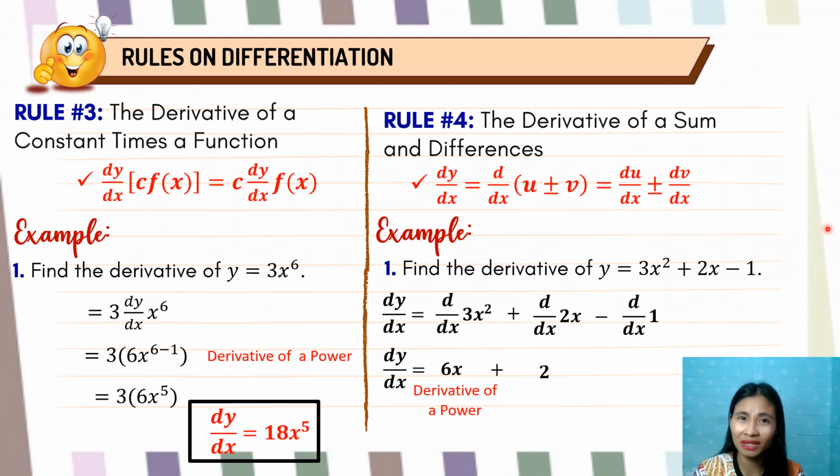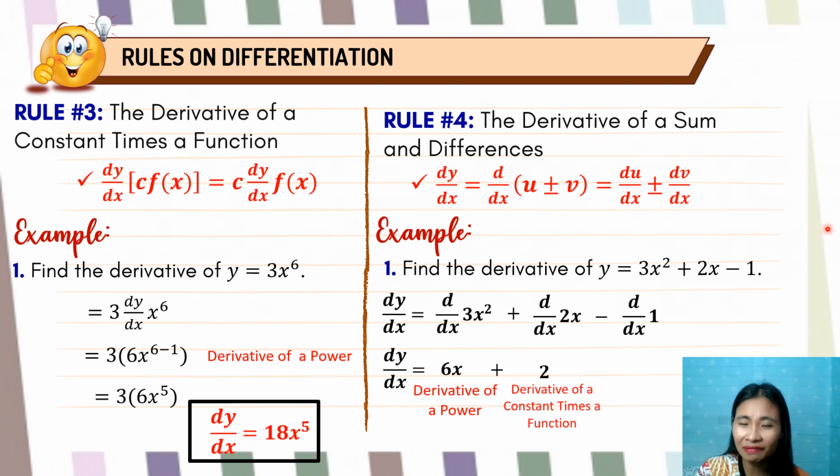So, x over 3 is 1/3 x, that's 1/3. Whatever is the numerical coefficient of the variable x or variable u or whatever variable is being used, the numerical coefficient is automatically the derivative of that particular function. Again, for linear function only.